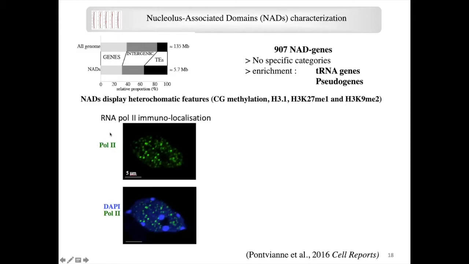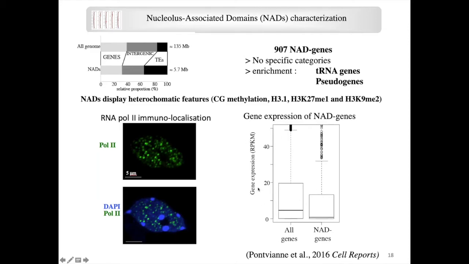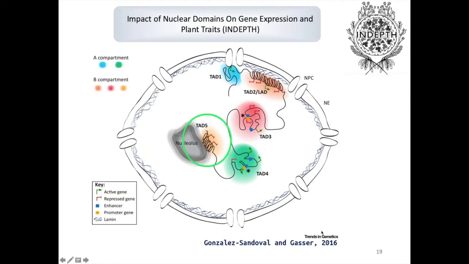Interestingly, if you look at RNA Pol2 immunolocalization, it is present in the nucleoplasm but excluded from the nucleolus area. And indeed, if you look at global expression of genes present in these nucleolus-associated domains, they tend to be lowly expressed. So there is potentially a role of the nucleolus in gene regulation, potentially by sequestration.